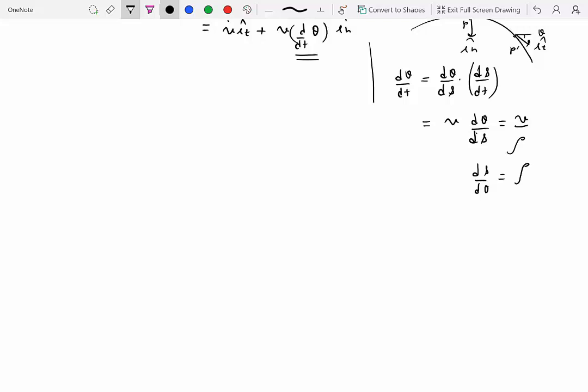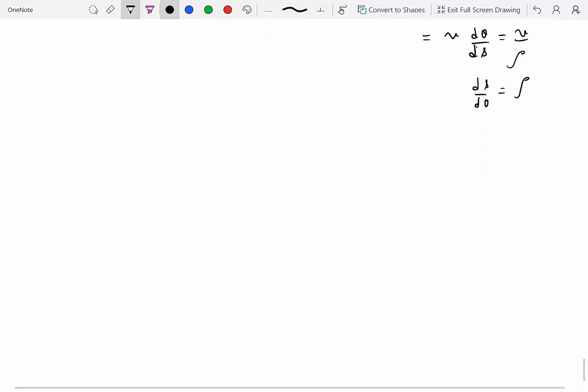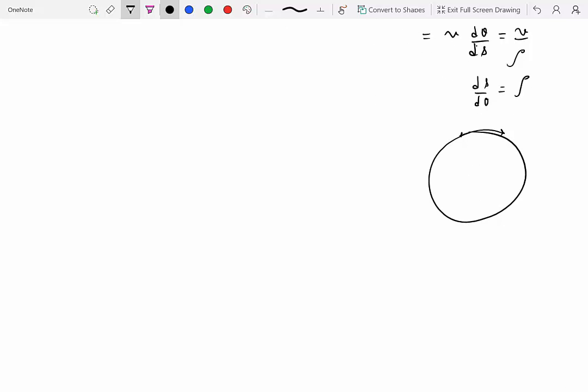Now you have used something similar for a circle, right? If you have a circle, you have an arc subtended over here, let's say of distance delta s, then the angle that this arc makes at the center, let's call it delta theta. There is a relationship between these two, right? If the radius of curvature is rho, then delta s is rho times delta theta.